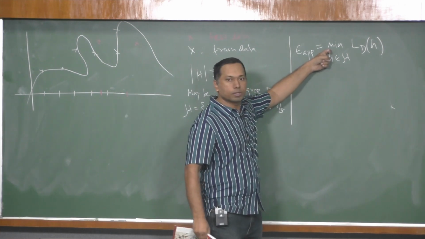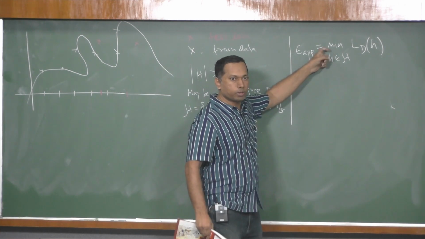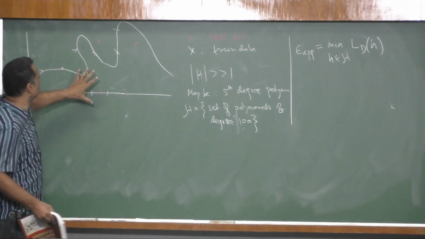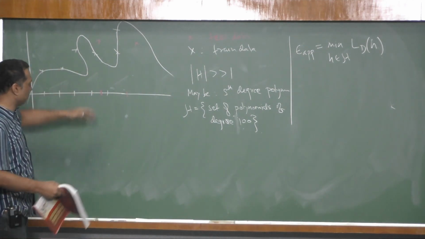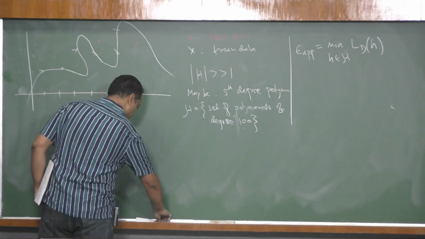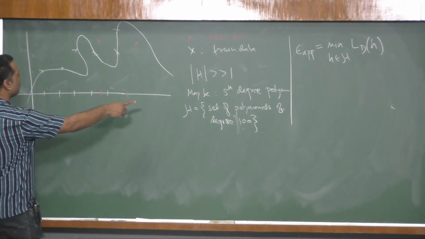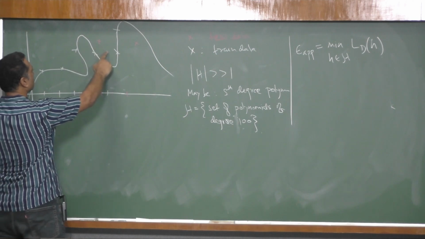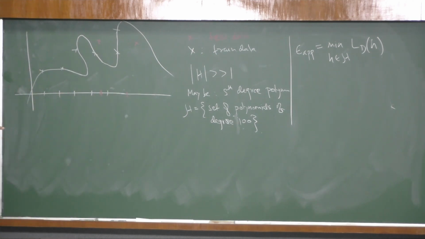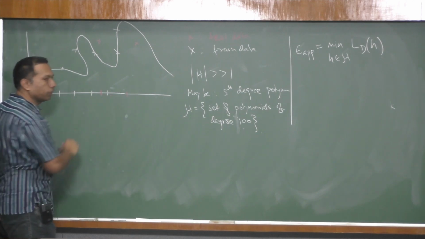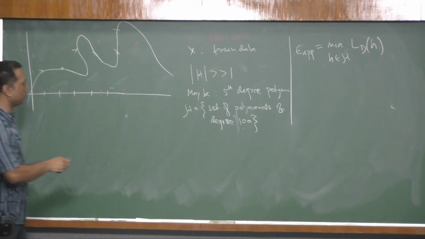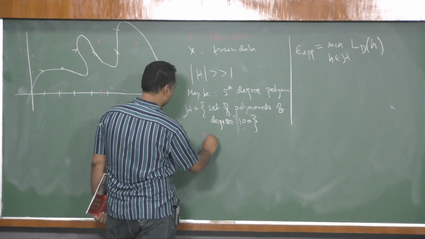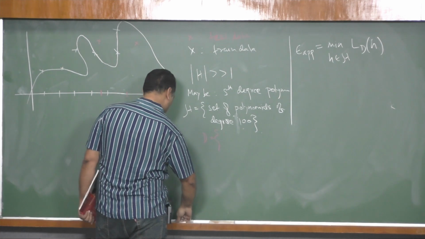So H being a rich class, the approximation error will decrease, right? Why is that? Because H being a rich class means there will be an h in the 100 degree polynomials. These points are also part of the distribution, but the red one was also part of the distribution, because the distribution D contains both train and test.